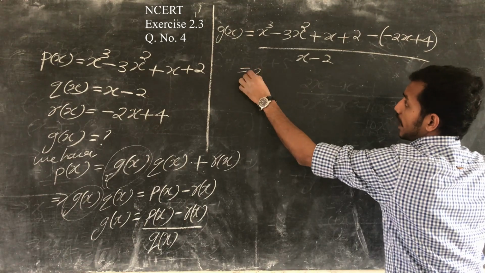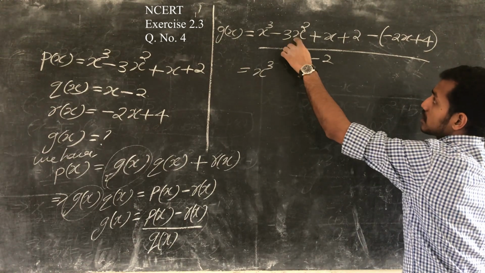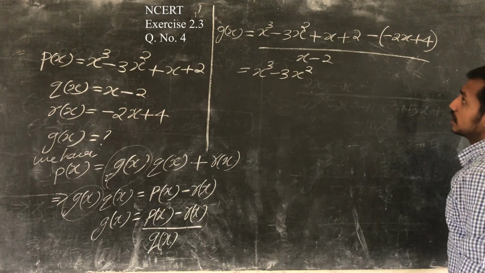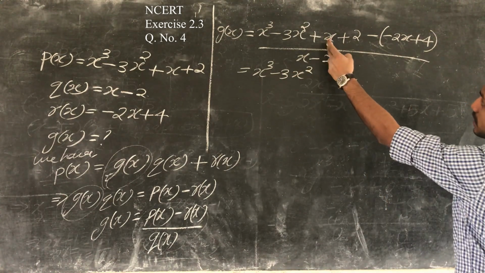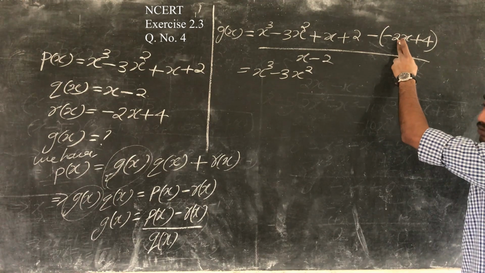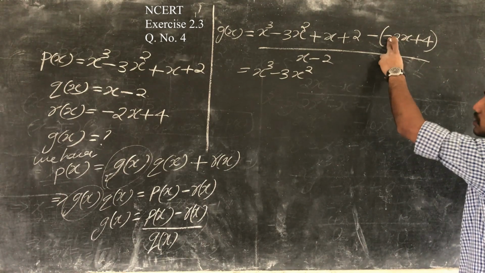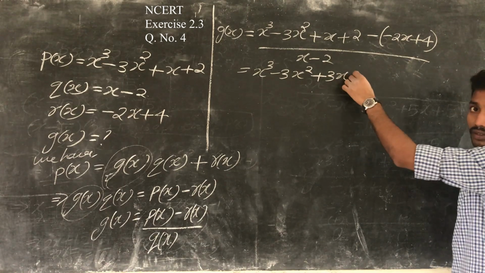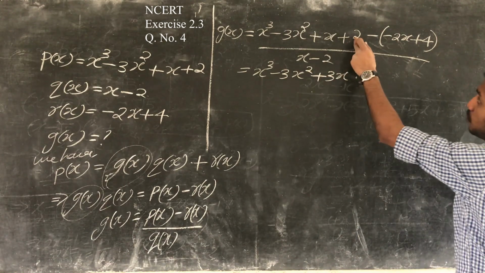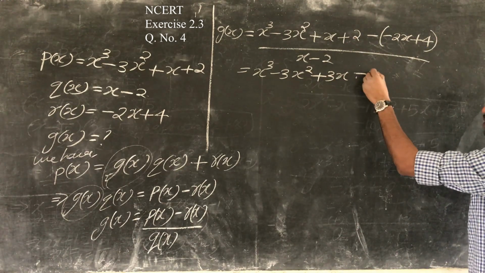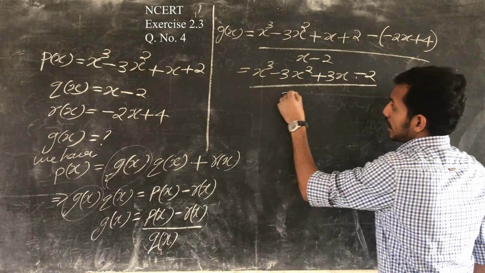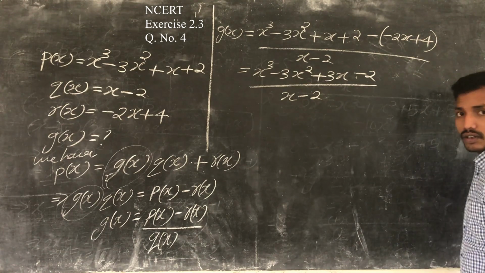That is equal to x cube minus 3x square here plus x minus of minus 2x. Minus of minus 2x will be plus 2x. Plus 2x and x will be plus 3x. Then 2 minus 4 will be minus 2. Clear? Divided by x minus 2.